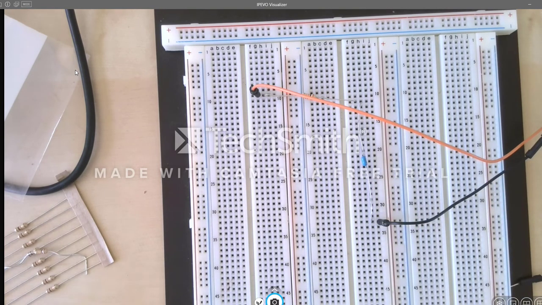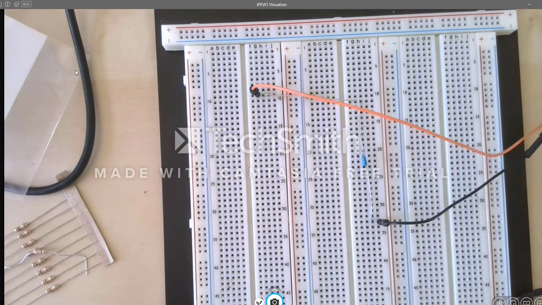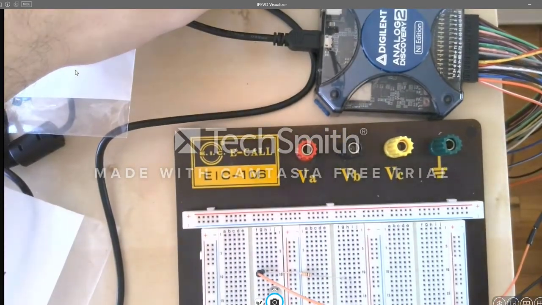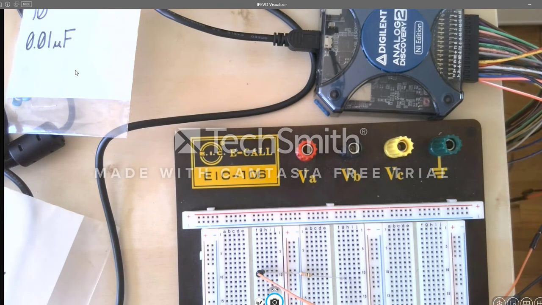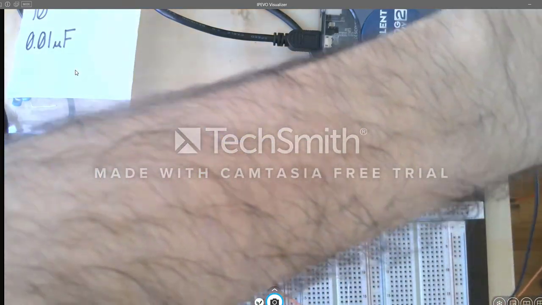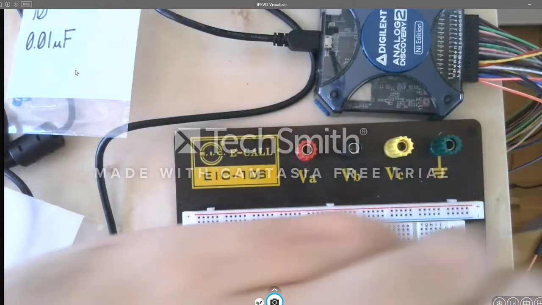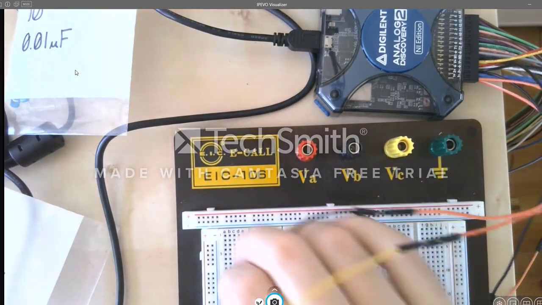All right, so we need to measure the voltage across the resistor and across the capacitor, right? So this time, we're actually gonna use two channels, not one. Let's go back to our analog discovery. As you can see, we have two channels, 1 and 2. We will take the first channel and plug it in across the resistor.